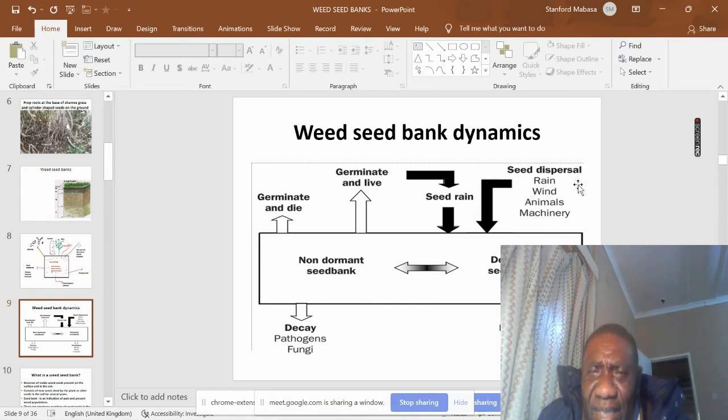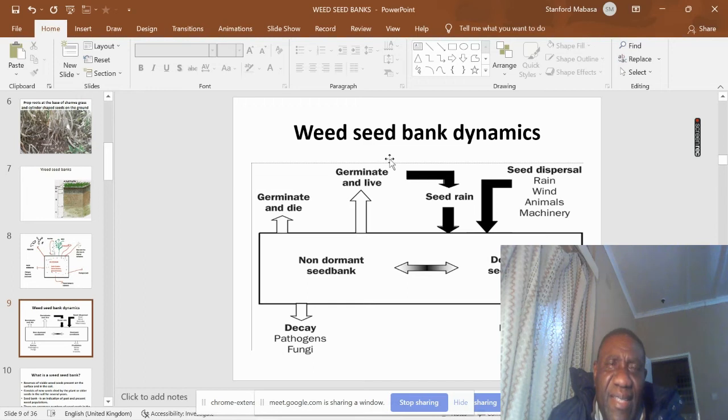Seed dispersal, which involves rain, wind, animals, and machinery, can bring weed seeds into the weed seed bank.